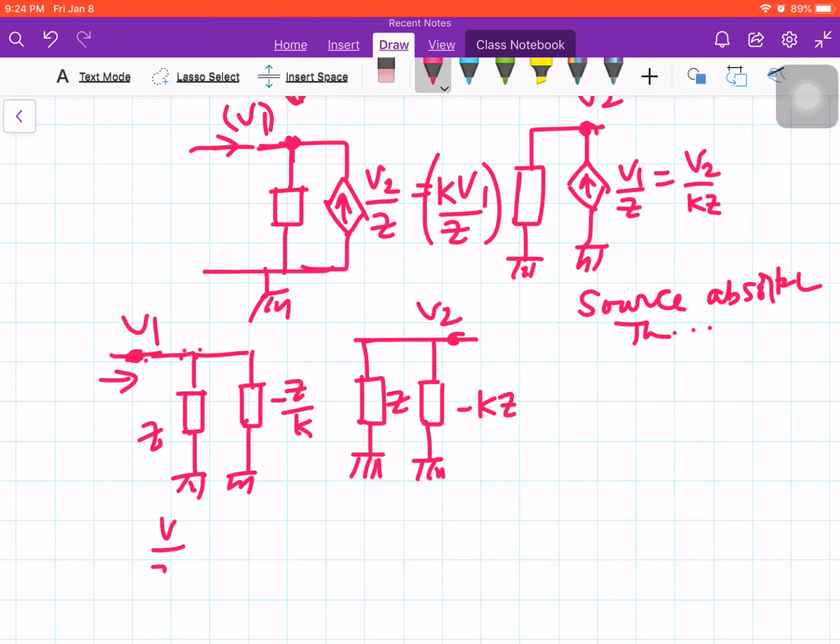It would be V1 by Z plus V1 by minus Z by K. Isn't it the same? It is the same, right? So here it is V1 by Z plus this is the negative current that is entering into the node. So we are just playing with algebra, right? So this is not that difficult to digest.